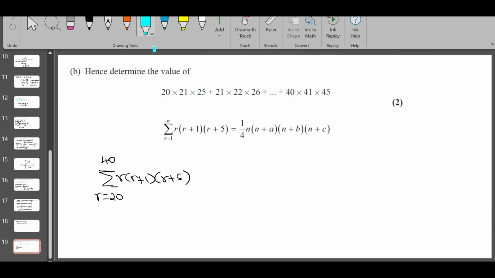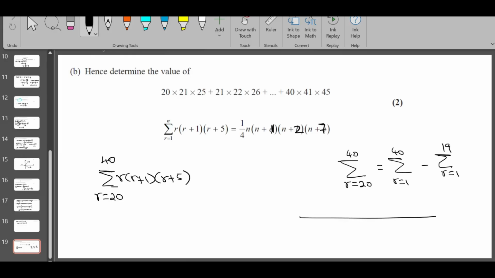So to use this result, in this result, A is 1, B is 2, C is 7 from previous part, right? To use this, the limit has to be r is equal to 1 to n, not from some random number. So if you have r is equal to 20 to 40, it's same as taking r is equal to 1 to 40 and subtracting r is equal to 1 to 19.